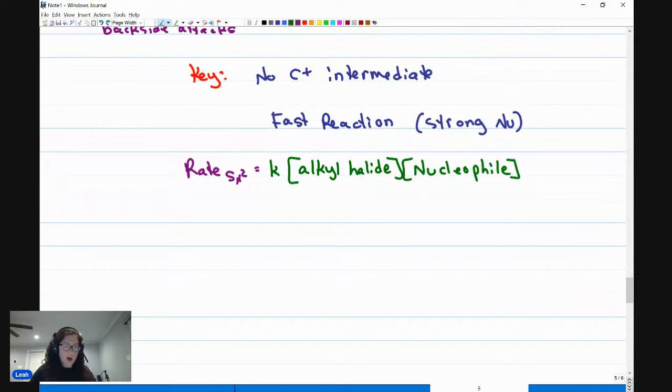If you think about, let's go back to the model kit. Imagine that I still have the red leaving group like I showed you before, but it's on a big bulky molecule. If a nucleophile wants to come in and attack, it can still come from the top, but it has a lot more to get through.